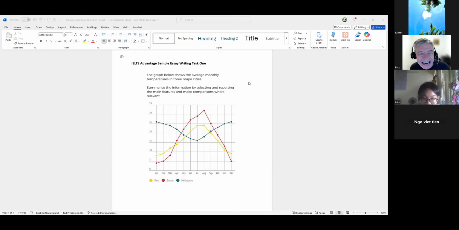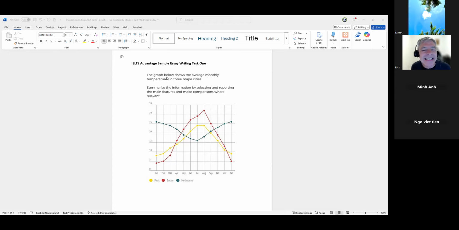Underneath. Did you say that, Leon? Yes, underneath. Viet Tien, does that make sense? Yes, underneath and below mean the same thing. Okay, Ming Ang? Yes. So we could say the graph underneath. What's the next paraphrase word, Ming Ang?